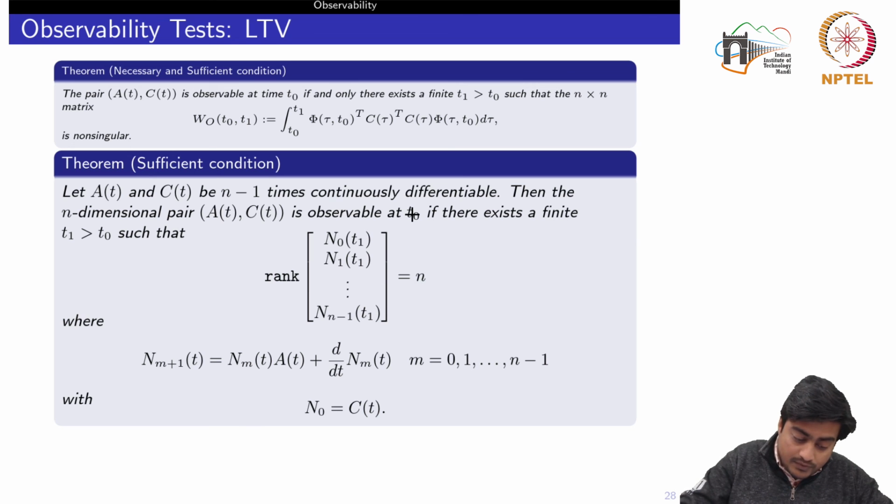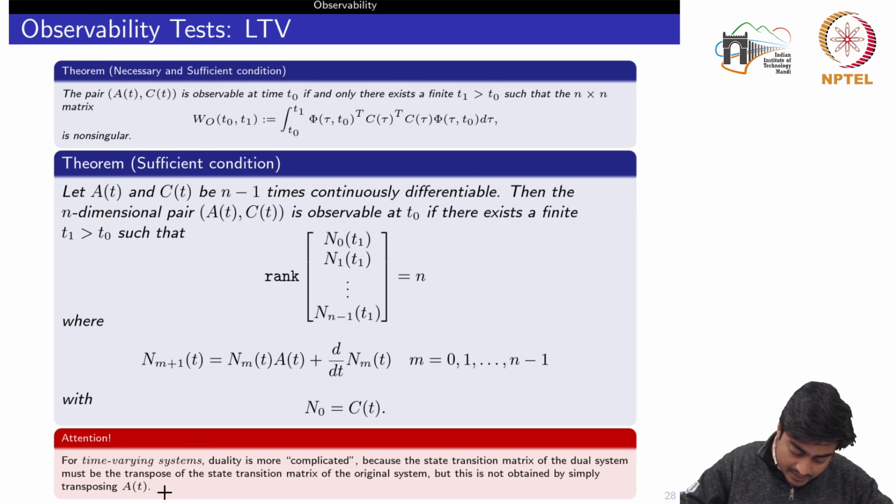So now, instead of ensuring the non-singularity of the observability Gramian, we compute the matrices N_k, for k from 0 to n minus 1, and compute their rank. This is how you can compute the N matrices. This is only a sufficient condition, but not a necessary condition.